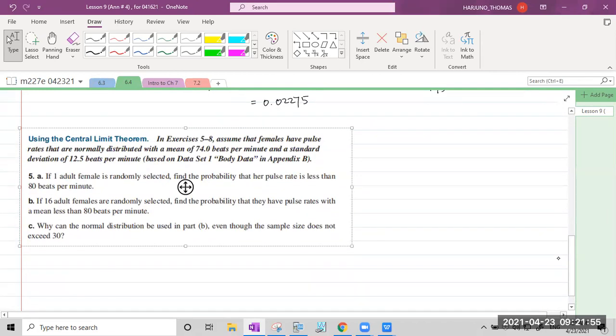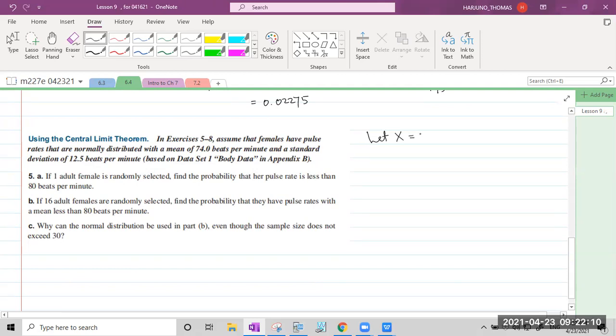Assume that females have pulse rates that are normally distributed with mean 74 beats per minute and standard deviation 12.5 beats per minute. Okay, so let's define a random variable first. Let X be the pulse rate of a female.